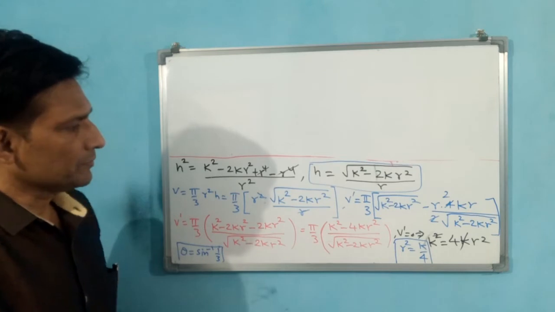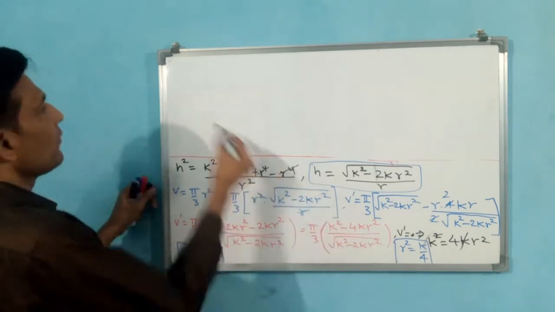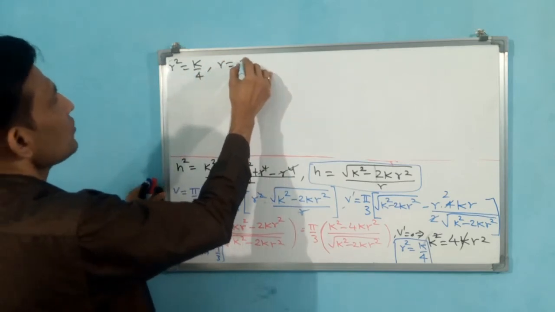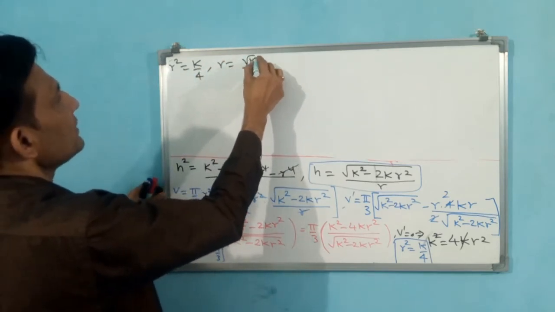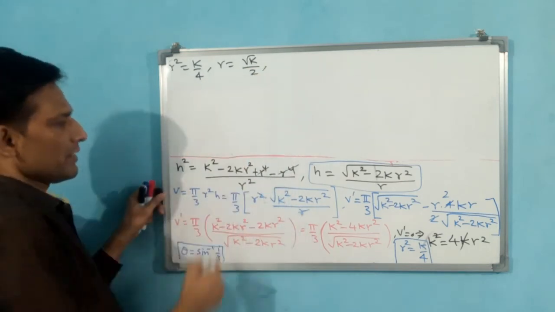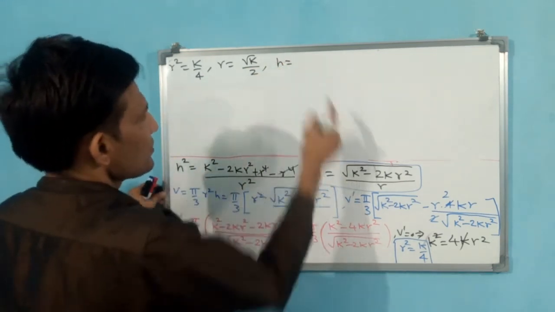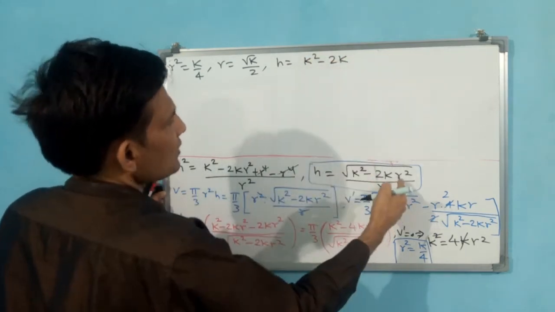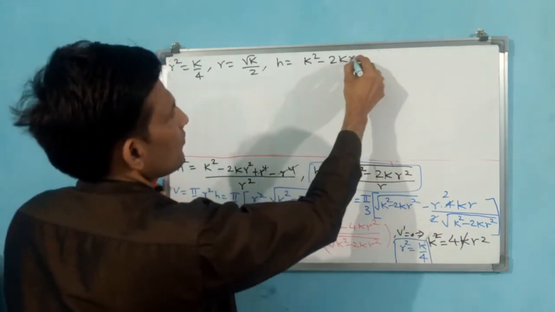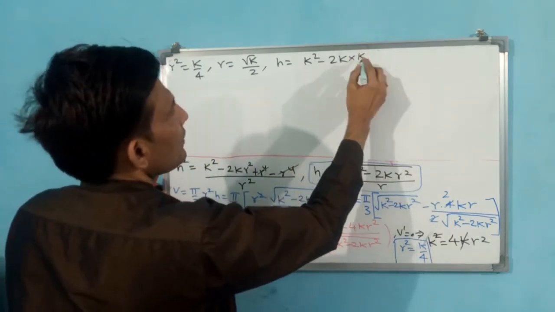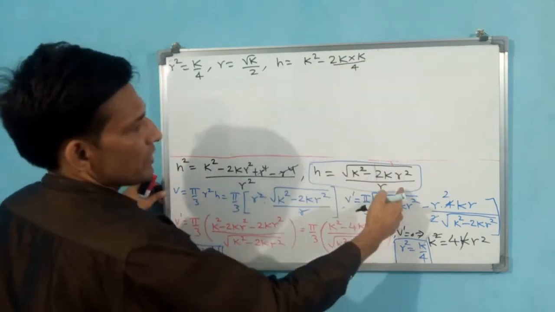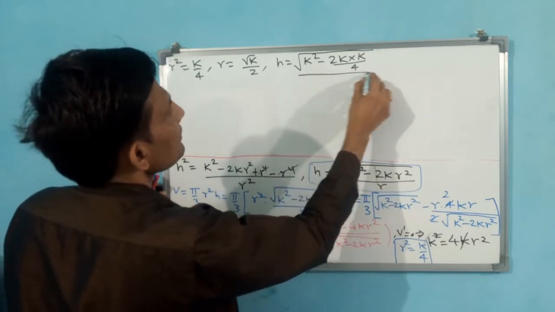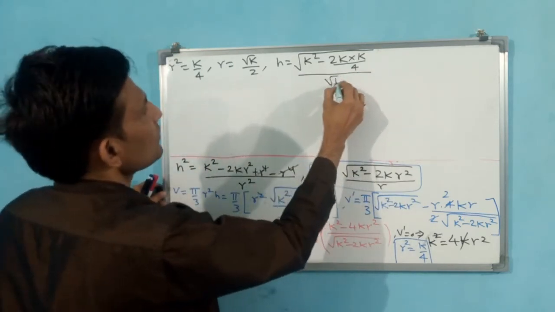Come back again. R square is equal to k by 4, and R is equal to root k divided by 2. And H is equal to the root of k square minus 2k R square, divided by R. R square means k by 4, and R means root k by 2.